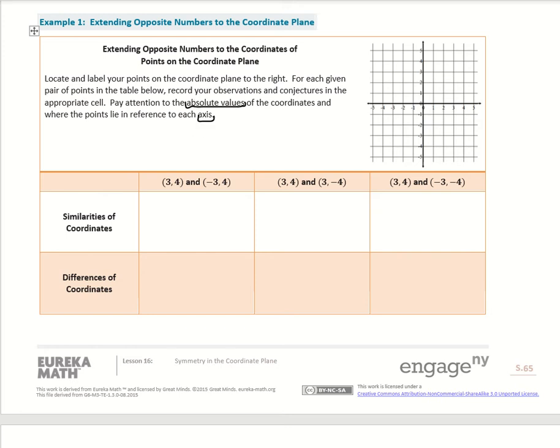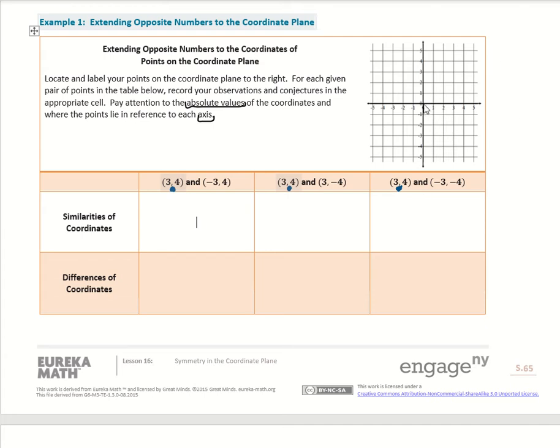Those are things we're going to have to keep in mind as we go forward. The first thing it has for us are the points 3, 4, and -3, 4. Actually, 3, 4 is a point they give us for all 3 columns. So that's going to be our blue point, for all 3 of them, because they're all the exact same point.